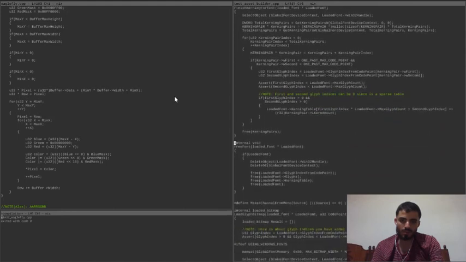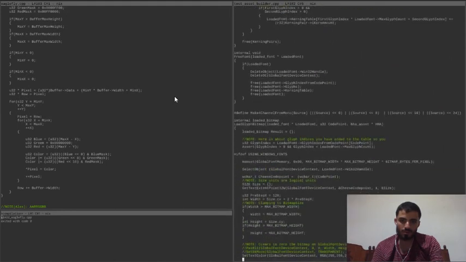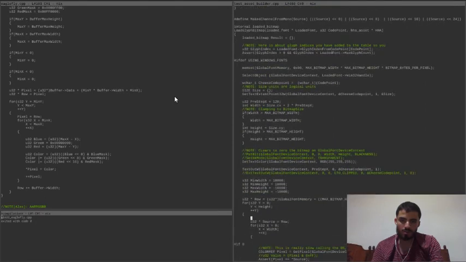We free the font, and this is the function which basically we will need to load. Wait a second.